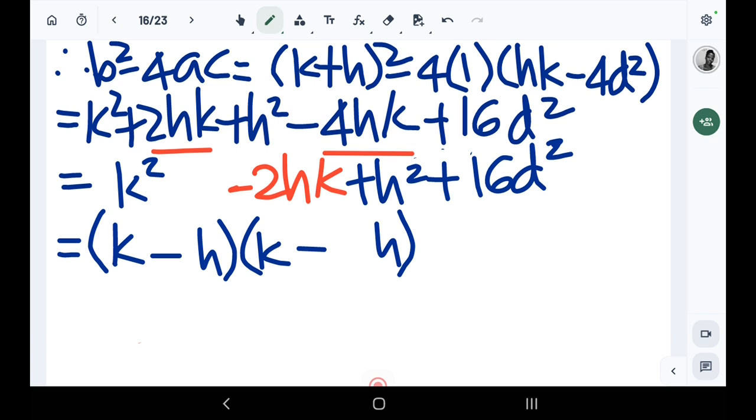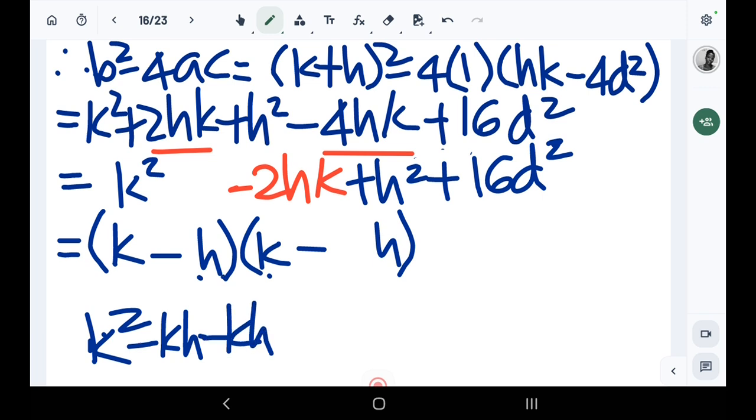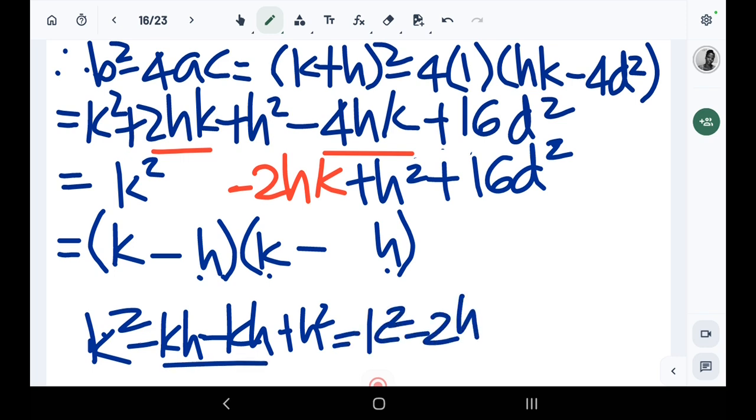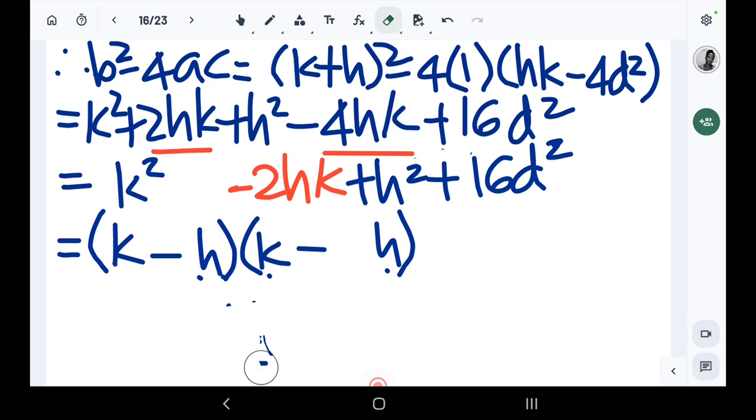Let's show you that. Let's multiply it back together. That's K squared minus KH minus KH plus H squared. Now add this together, they give you K squared minus 2HK plus H squared. I hope I've managed to convince you there. And that's how we factorize that.